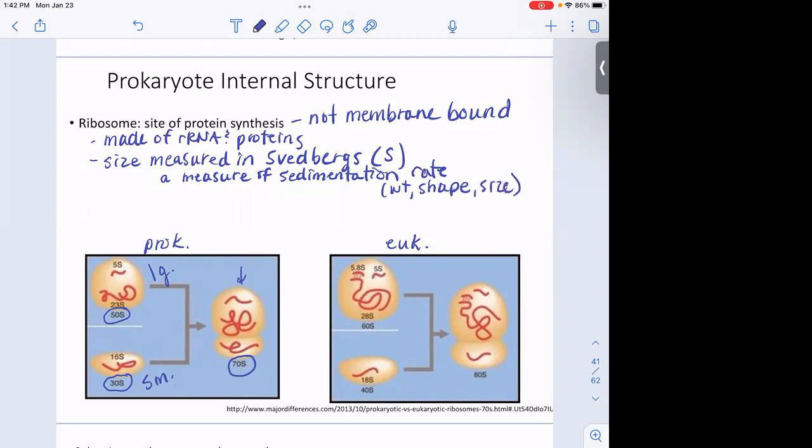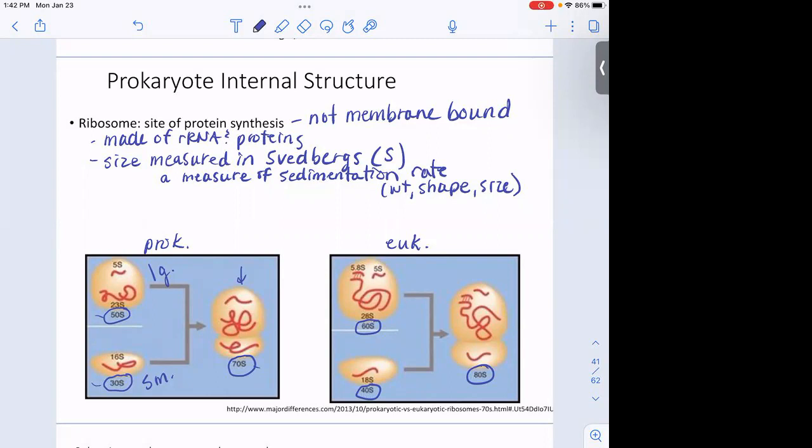Okay, so it's not a linear measurement. That's why when we have the 50S and the 30S, it equals 70 instead of 80. The eukaryotic ribosome has a large subunit of 60S and a small subunit of 40S, and that adds up to 80. Okay, so that's the Svedberg sedimentation rate.